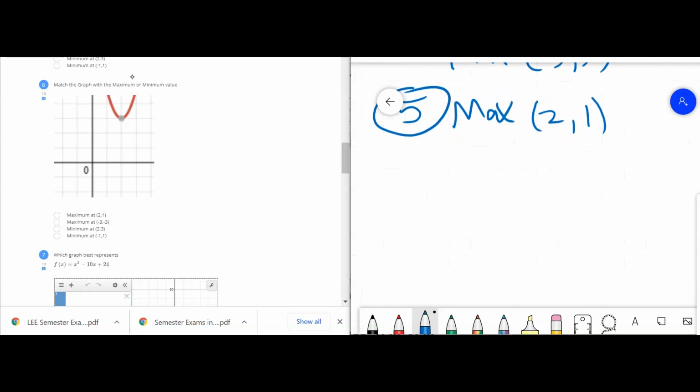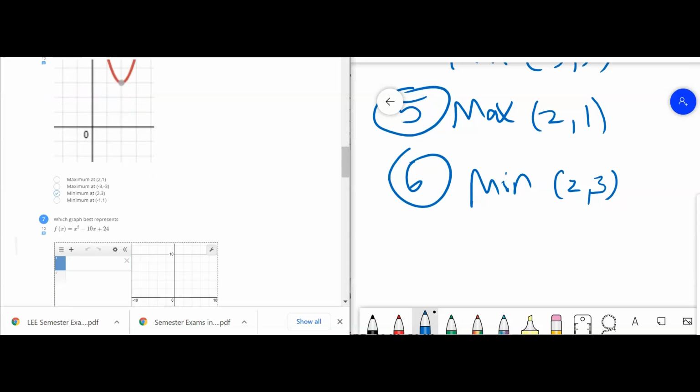Then right here, number 6. It's at the bottom of a U-shape parabola, so it's a minimum. And then what are the coordinates? Well, 2 to the right, 3 up, so we get a minimum at 2, 3. All right.